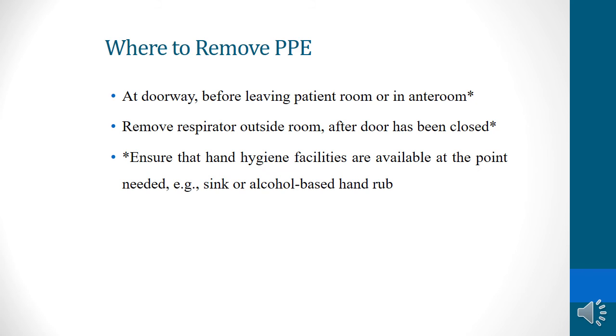Only the respirator mask, the N95, for patients on respiratory isolation like a TB patient. This one we should remove outside the door. After I go outside, I will close the door and remove the mask outside. Ensure that hand hygiene facilities are available to do hand hygiene or hand rub after removing the PPE.